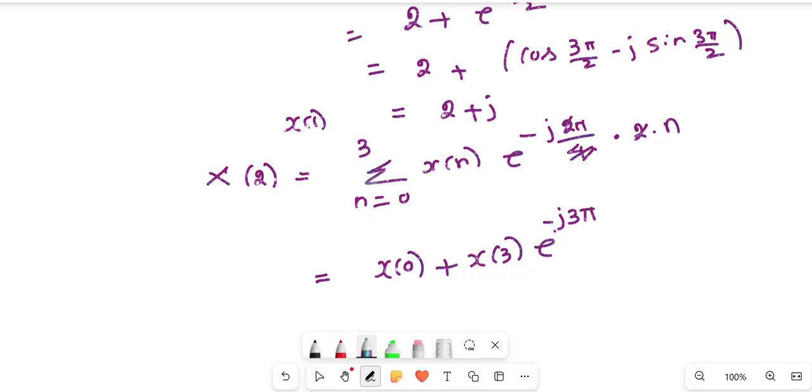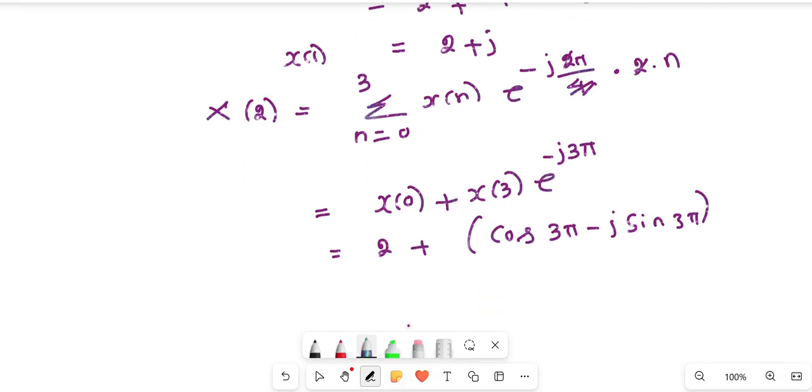So you will get 2 plus 1 into cos 3 pi minus j sin 3 pi, which is equal to 1.